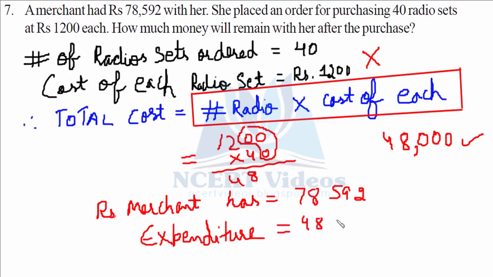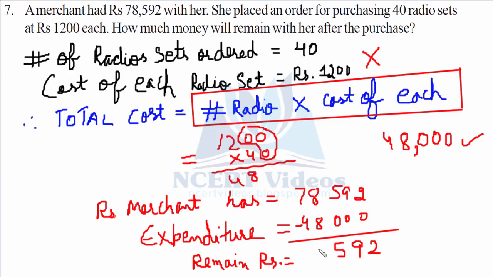So now we are asked to find the difference, that is the money she is left with. So it would be a subtraction rather than division, because we are not asked for the numbers, we are asked how much is remaining with her. So we are just going to subtract it. That would be the sum she would be left with. So it turns out to be 30,592 by subtraction. So that is your answer number 7.